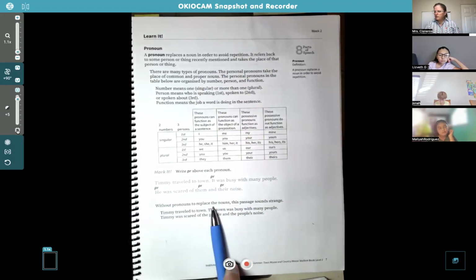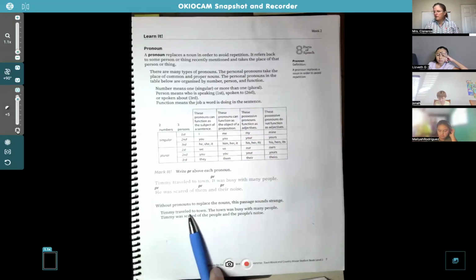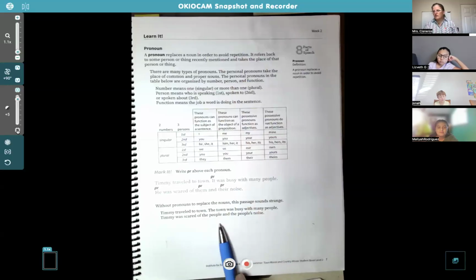Without pronouns to replace the nouns, this passage sounds strange. Timmy traveled to town. The town was busy with many people. Timmy was scared of the people and the people's noise. So we heard people a bunch of times. So pronouns help with that. So you're not using the same word over and over and over again. You can use them or they, and it flows better. That's why we use pronouns.